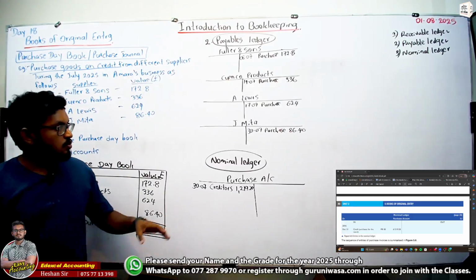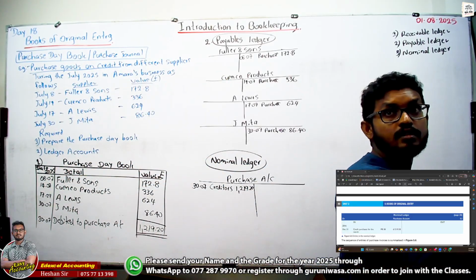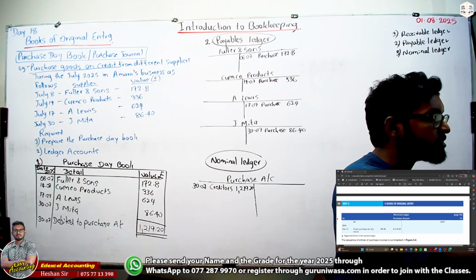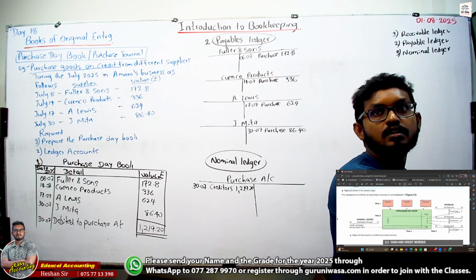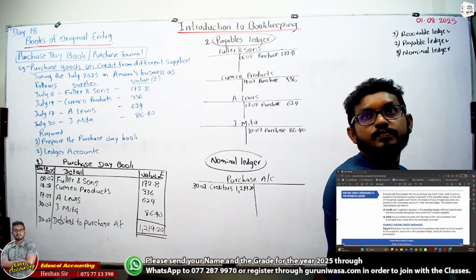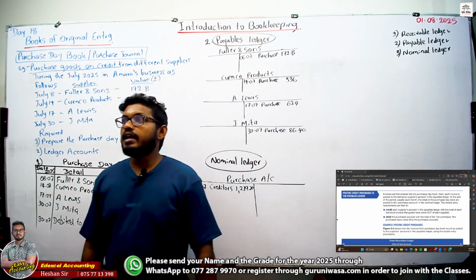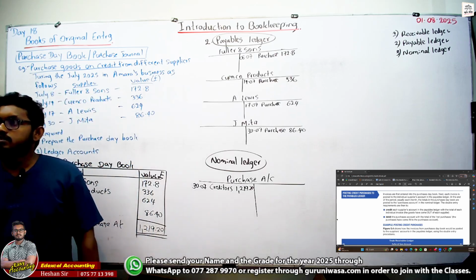Purchase account comes to the nominal account, payables account comes to the credit ledger, the payables ledger account. Now you can see how we recorded. So the double entry you can see. Each supplier's account is in the payables ledger.